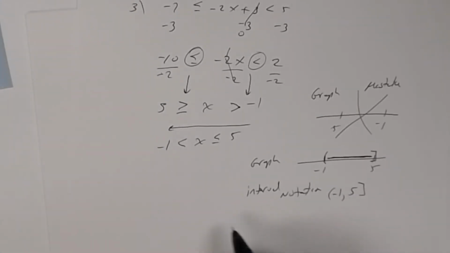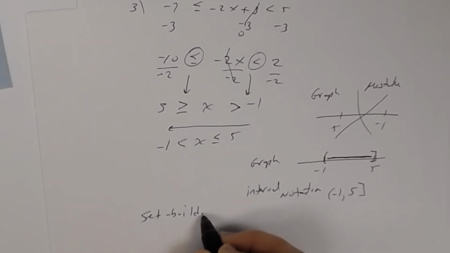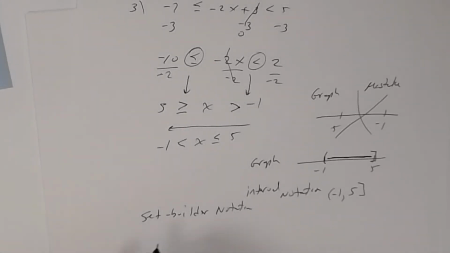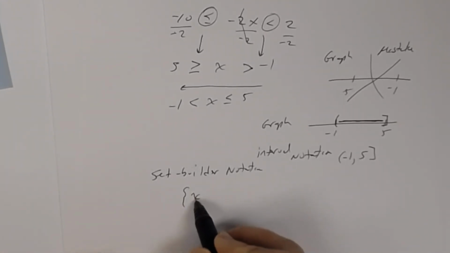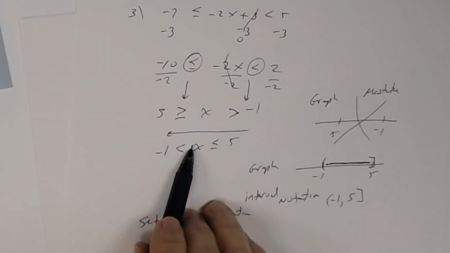All right. Now, let me just say this. If you wanted to do set builder notation, just to let you know, they didn't ask you to do that here, though. That wasn't part of the directions. But we did talk about it, and it could be on your math lab. So set builder notation, you're going to say the set of x's such that, and it does not matter which one of these you use. I just want to make that point.